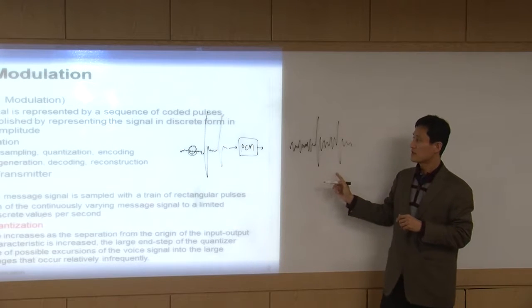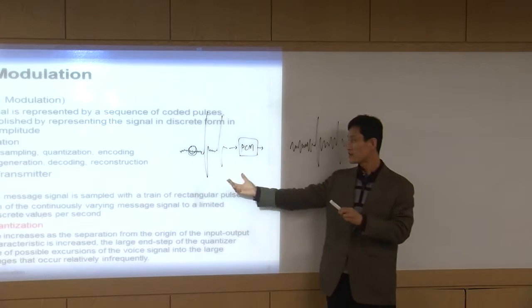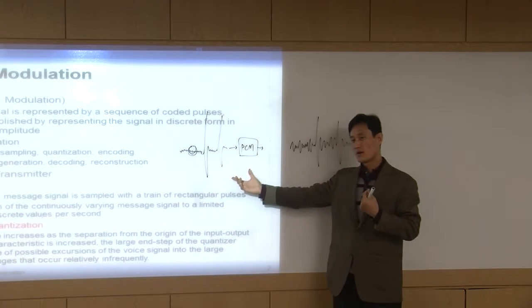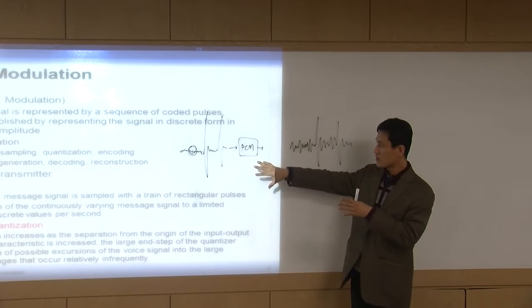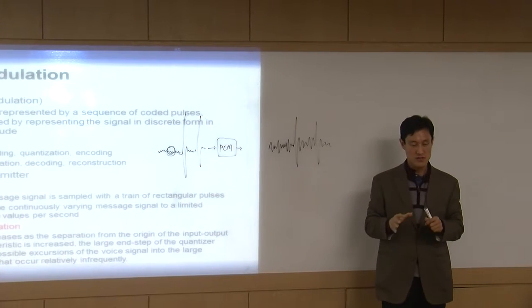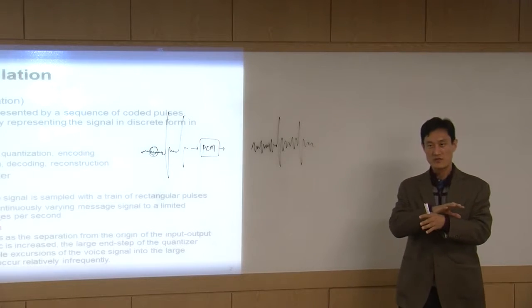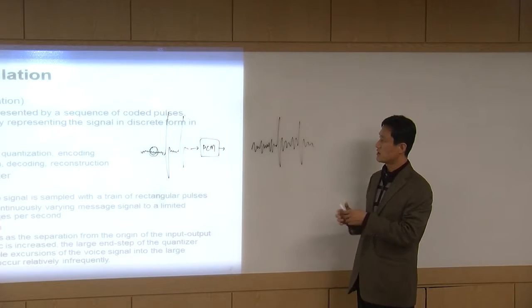That's the output signal of a PCM. It's like a coding. You have some information or signal, and after this coding you are converting to another type of signal. But it actually has the same information, just represented in a slightly different way.